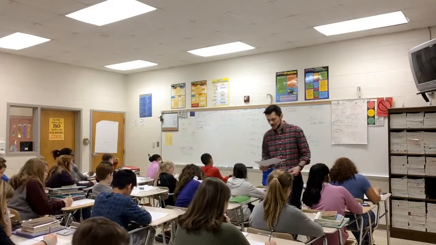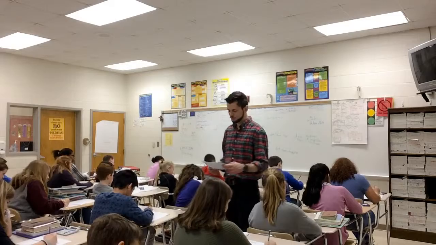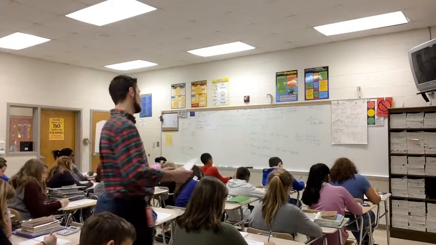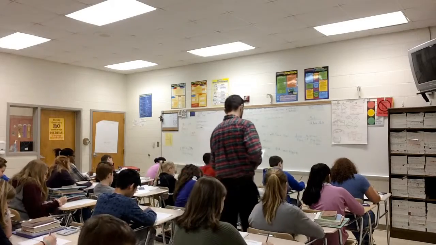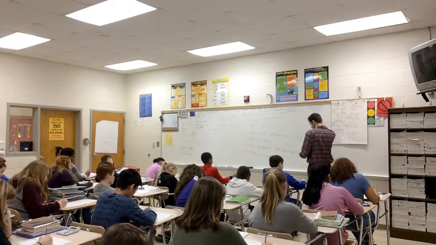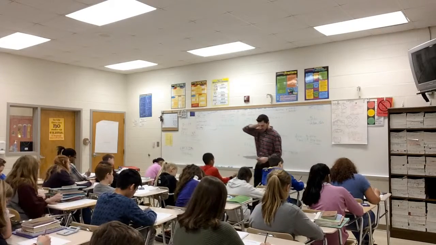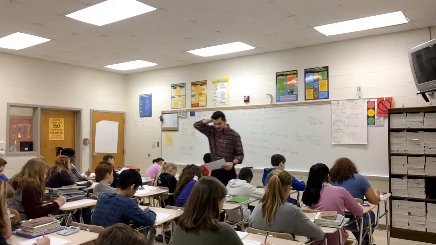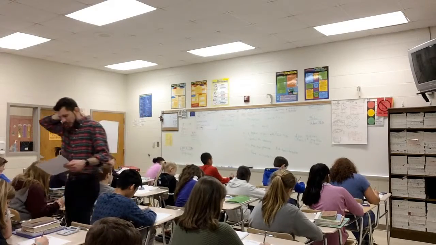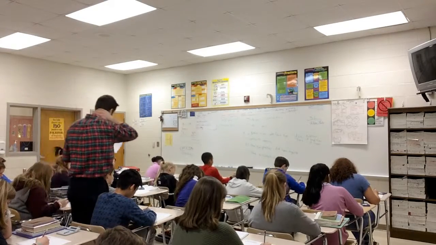The next one down, negative 5. The next one down, positive 6. Next one, positive 10. Hope this next one didn't throw you off. Positive 2. And then the last one in that row is negative 28.